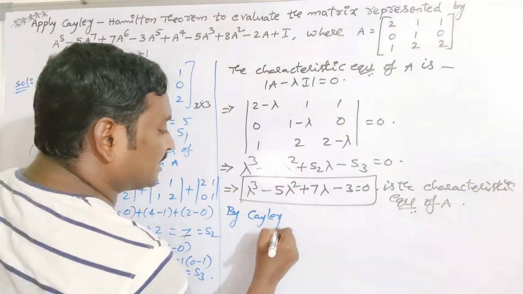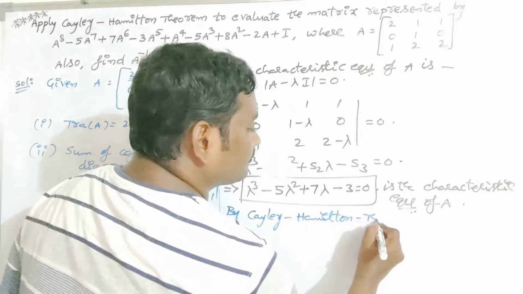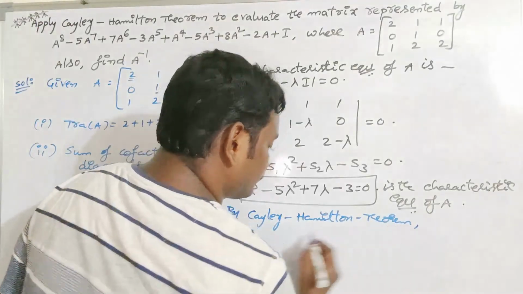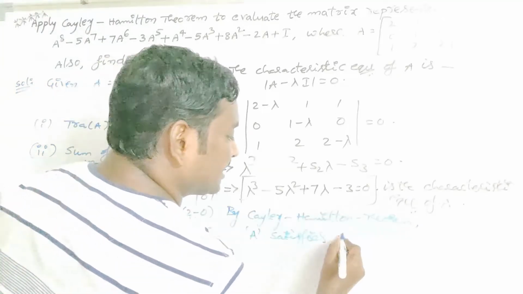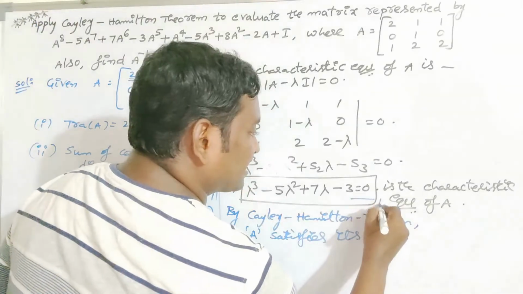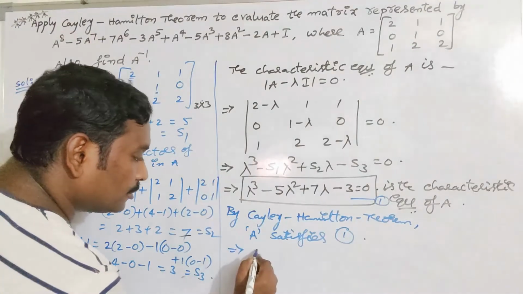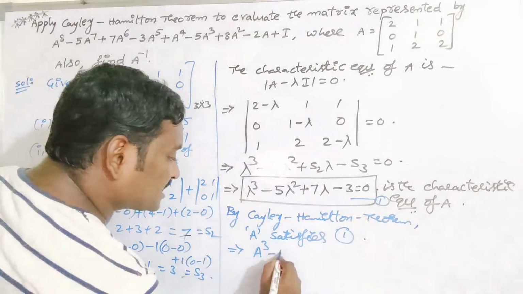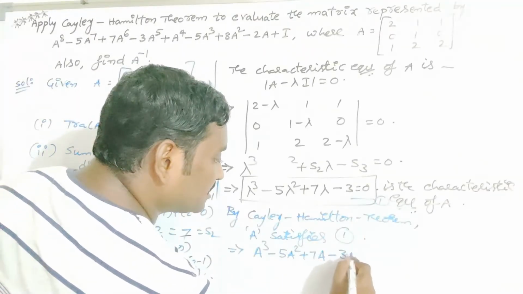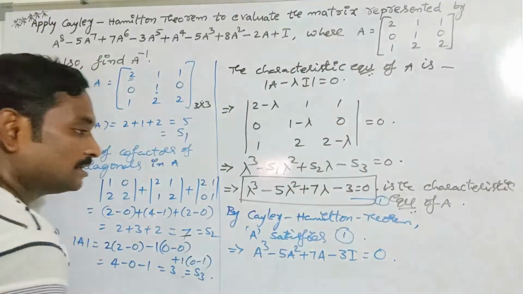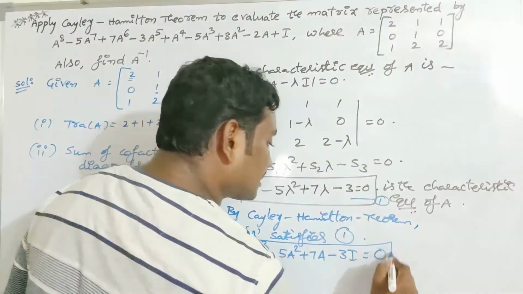So, directly I am applying the Cayley-Hamilton theorem. A satisfies its characteristic equation. It means that you can use the relation A cube minus 5A square plus 7A minus 3I is equal to O. Don't write only 3; you will get 3I here, and it is equal to not 0, it is a null matrix O, a 3 by 3 null matrix.